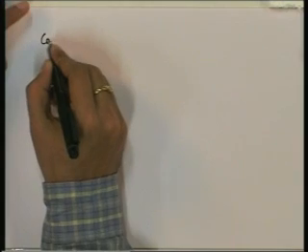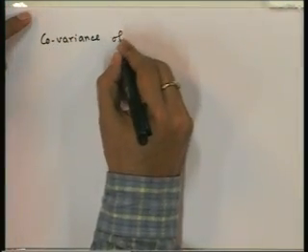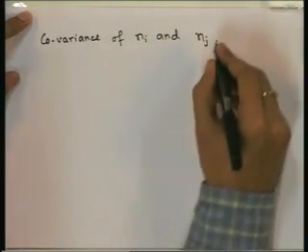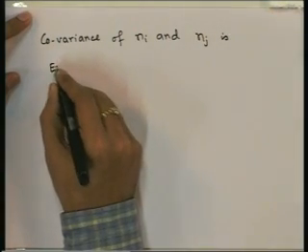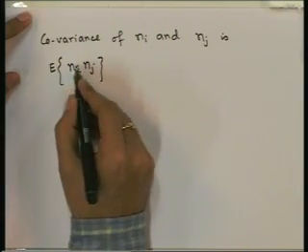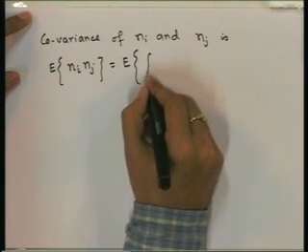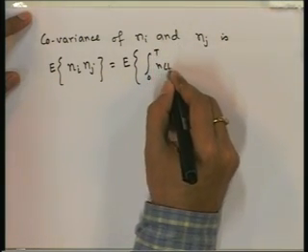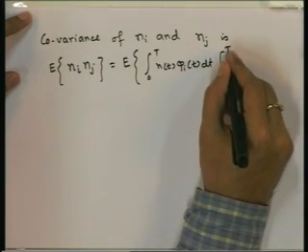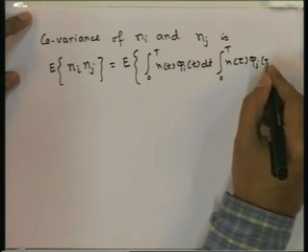What is covariance? Covariance of N_i and N_j, where i and j may be the same or different, is given by this, because we know the covariance of two random variables. Because these are zero mean, we need not subtract the means. This is the integral from 0 to T of N(t) phi_i(t) dt, times the integral from 0 to T of N(tau) phi_j(tau) d tau.